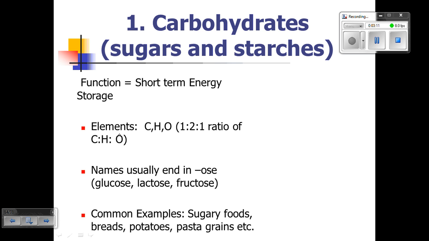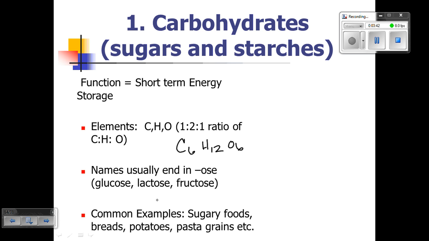The elements that make up carbohydrates are known for having pretty much only carbon, hydrogen, and oxygen, specifically in a 1 carbon to 2 hydrogen to 1 oxygen ratio. And that's why glucose is C6H12O6. Another way of identifying your carbohydrates is that the names usually end in OSE.